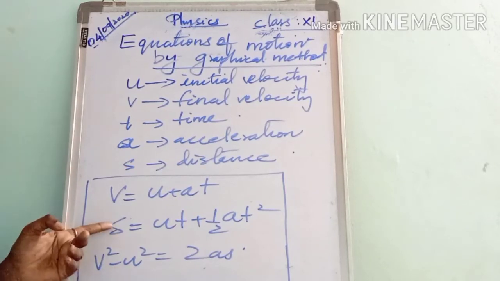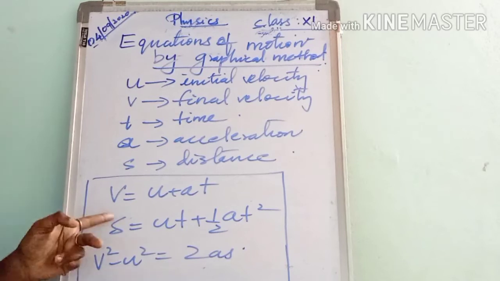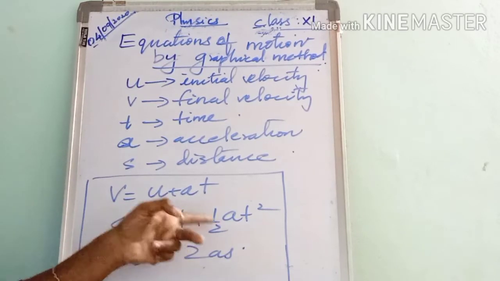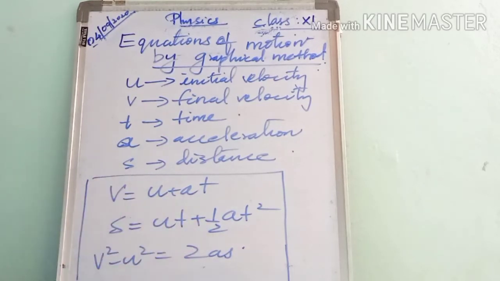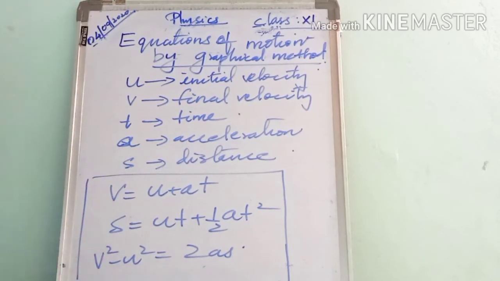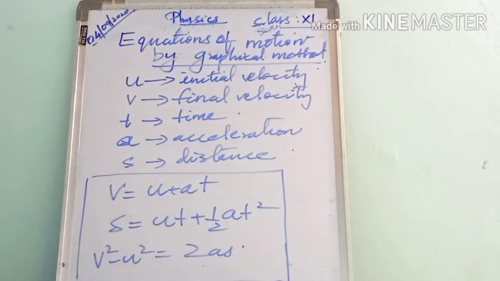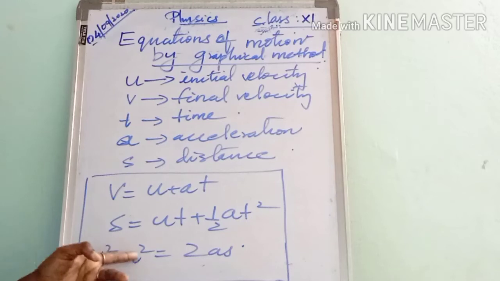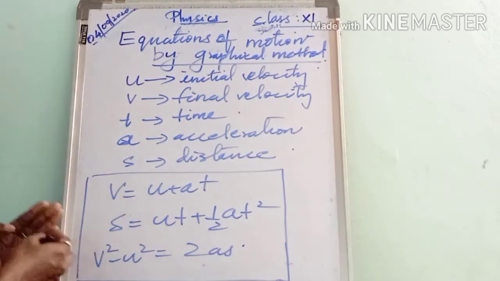The next is the position time relation: s equal to ut plus half at square. The third relation is the position velocity relation: v square minus u square equal to 2as. So we have the three important relations.